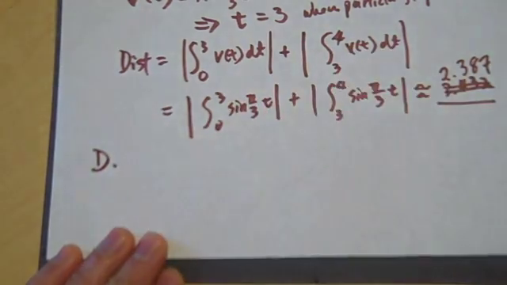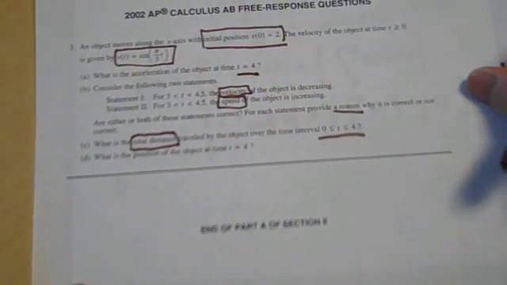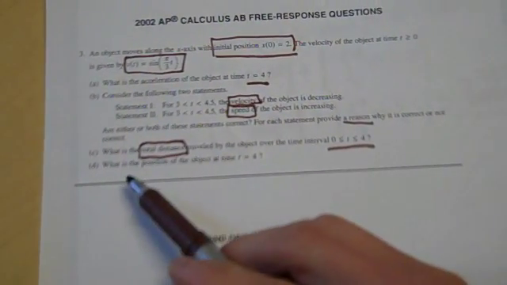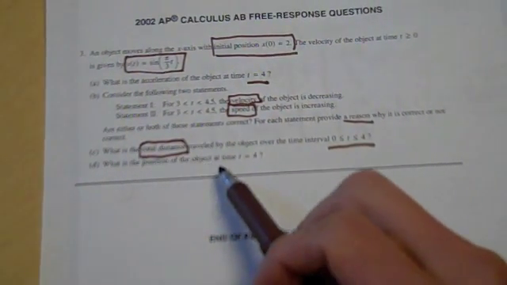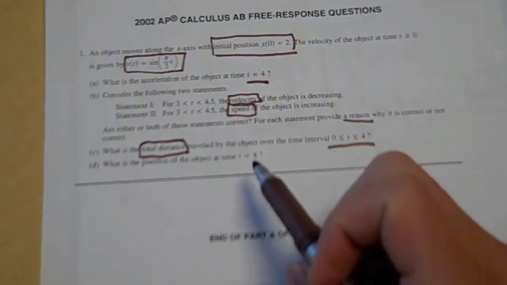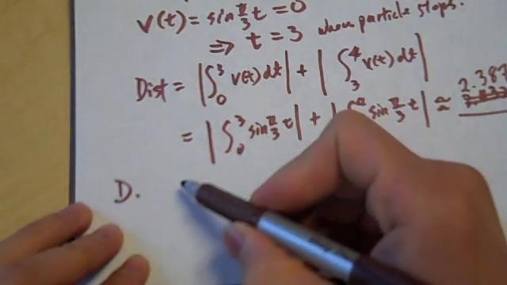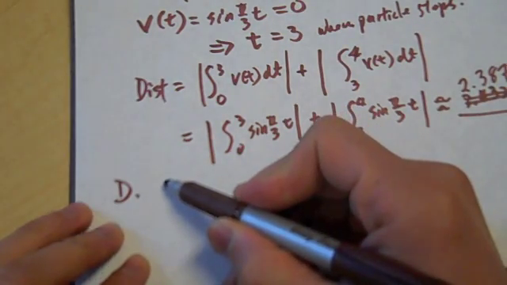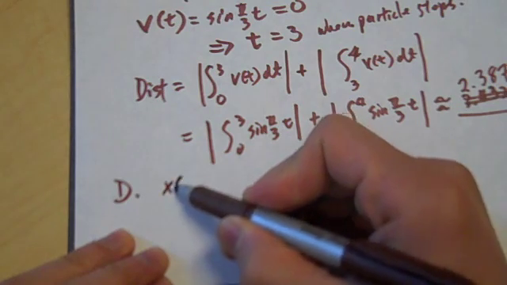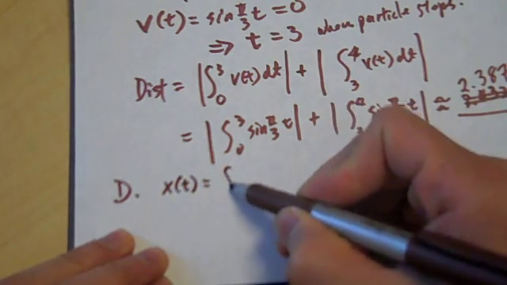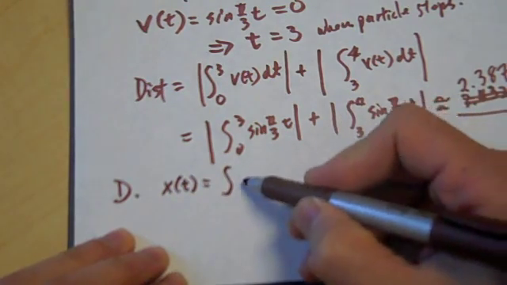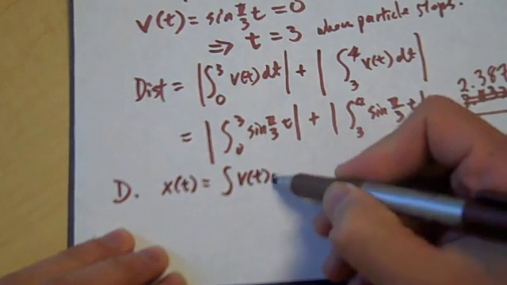Now, part D here says, if you go back to the problem again, what is the position of the object at time t equal to 4? Position. Now we start out with the velocity equation, and so the position equation will be x of t equal to the integral, or the antiderivative, of v of t dt.